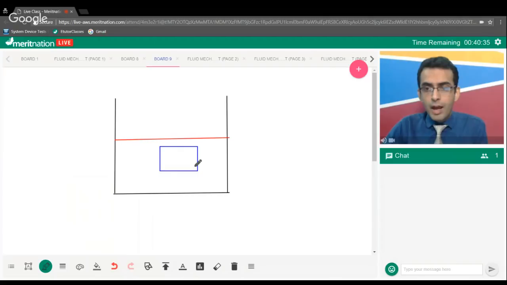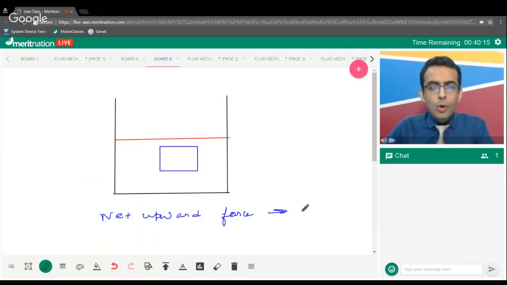So the net upward force, or upthrust, by a liquid is equal to the weight of liquid displaced, right?